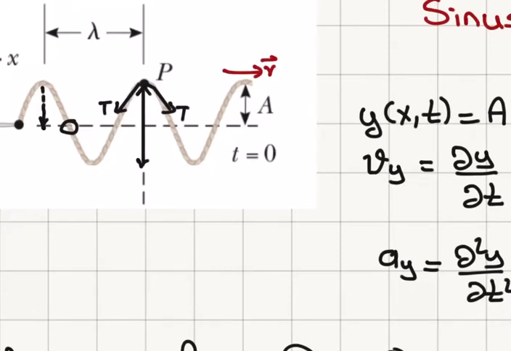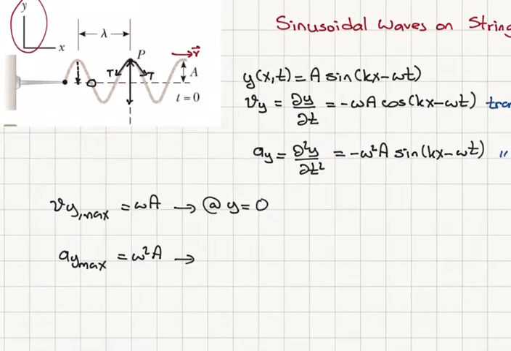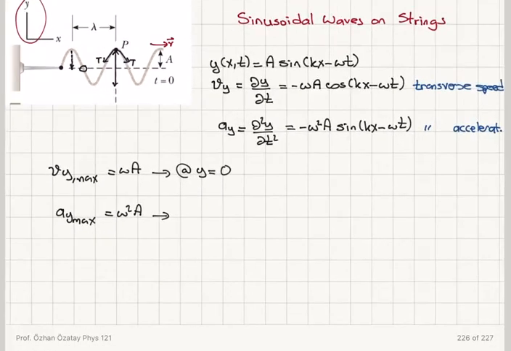So I will feel the maximum restoring force that is trying to pull this string element back to its equilibrium position. So I will obtain the maximum acceleration at y is equal to plus or minus y max, or plus or minus A, where I will have the maximum component of tension acting as a restoring force to the equilibrium position.